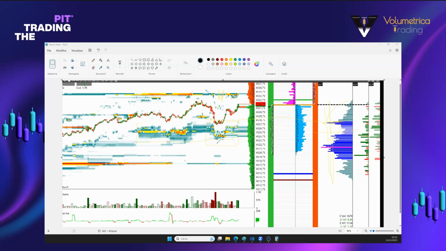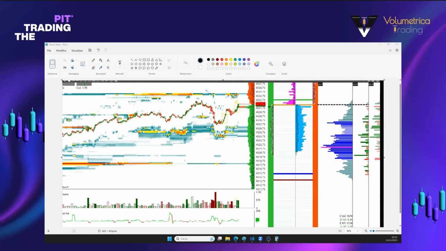Then, exactly in the moment where I have taken the screenshot, you can see that price is going up very well with a nice green bubble. That means that buyers started to get aggressive. They're not just waiting for price to come to them, they're lifting the offer.